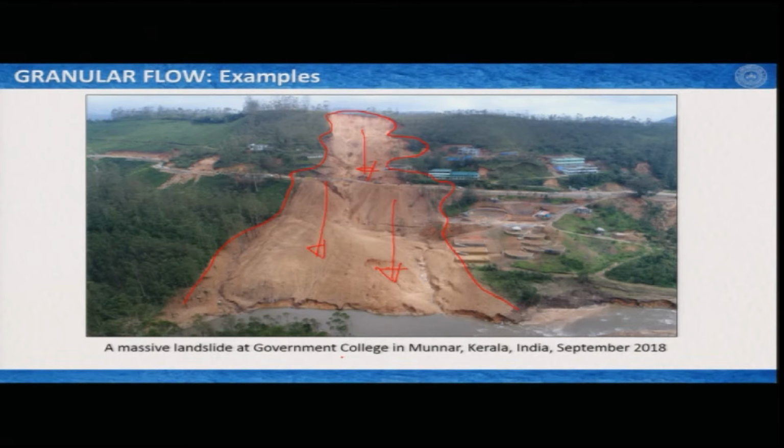This is a place near the government college in Munnar, Kerala, and that happened in September 2018. What you see here is that these materials came down sliding and rolling. A part of this flow can be described as debris flow, but again there is no confinement. The grains, boulders or pebbles were free to rotate and free to move, and while moving, they did the job of granular flow. They contributed to the entire flow of this landslide.